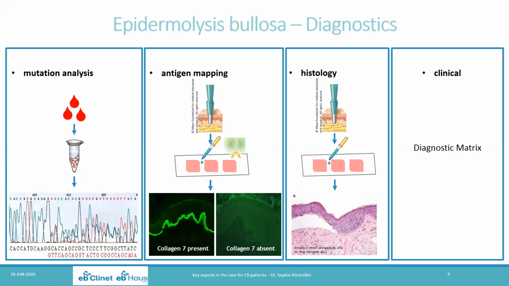For physicians who are not already that skilled and have not seen a lot of patients, a group from India, Abu Dhabi, and the UK developed a so-called diagnostic matrix for epidermolysis bullosa, which can help you identify certain bigger forms of epidermolysis bullosa in your patient, so that you might know which proteins to look for in antigen mapping, or narrow down which mutations you have to look for in mutation analysis.